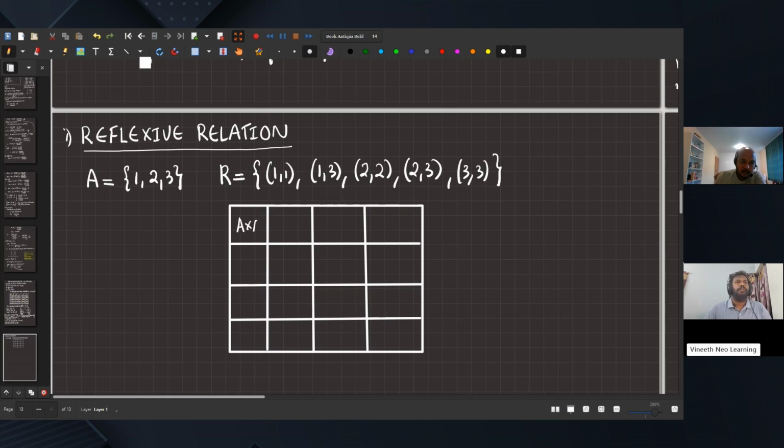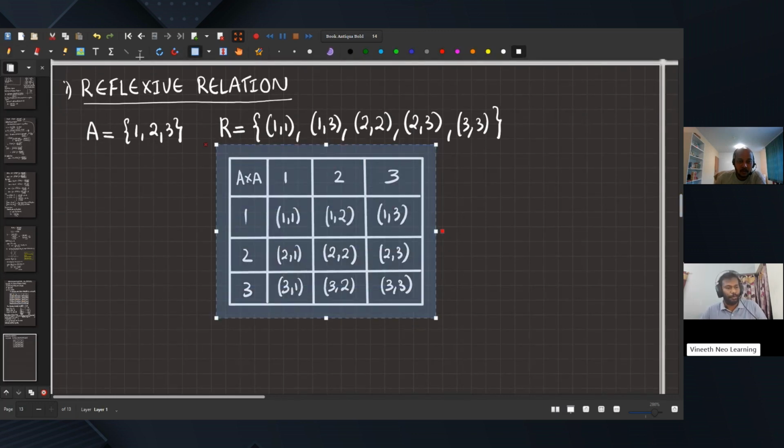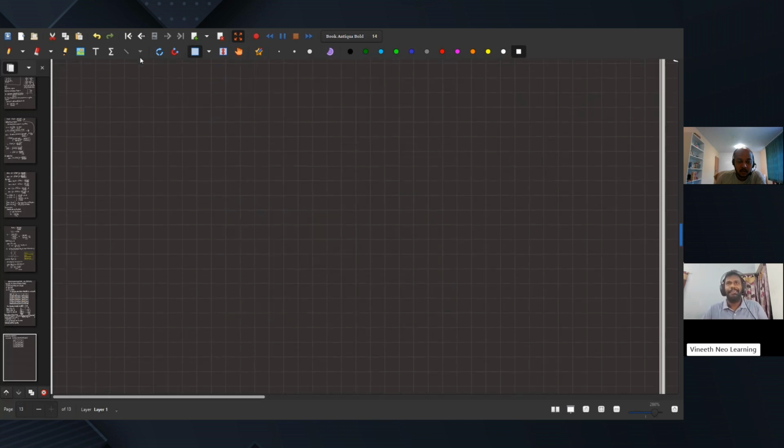We are going to find A cross A. So 1, 2, 3 here, and 1, 2, 3 here. (1, 1), (1, 2), (1, 3), (2, 1), (2, 2), (2, 3). Let me make a copy of that because we will be using it often.